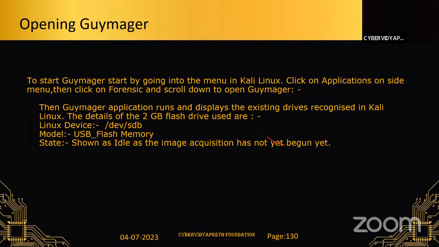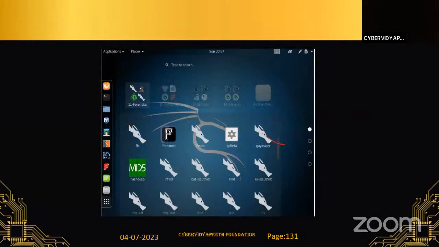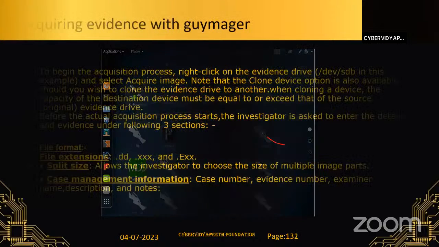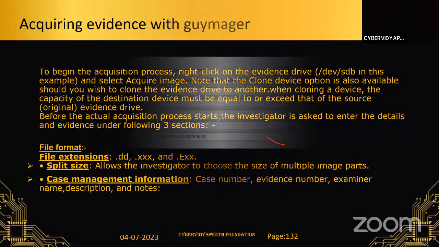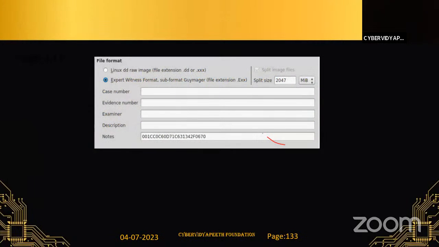Guymager has certain small limitations as well, but it's a good tool to start learning using its UI capabilities. I'm not going to read it out. I think we'll do the practical, and after that we'll read this out. It's very simple. You can see it here. It's a very simple screen.